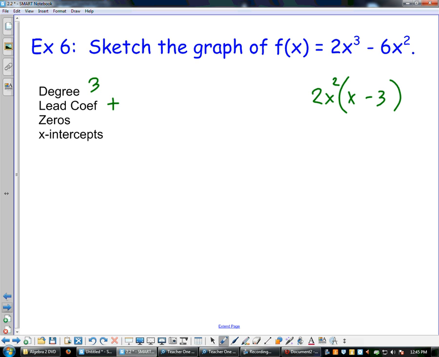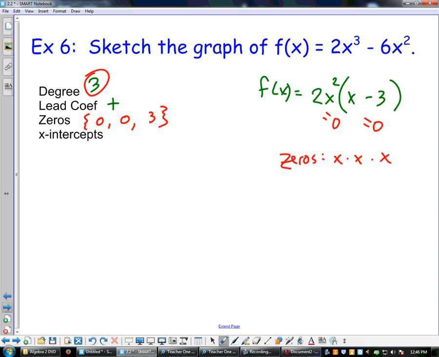All right, so that's our function. And that means my zeros, if I set this equal to 0, and I set this equal to 0, what are my zeros? 0. It's degree 3, though, so I'm looking for how many zeros? I think that'd be 0, 0, and 3? Why? Because we've got x times x minus 3, right?